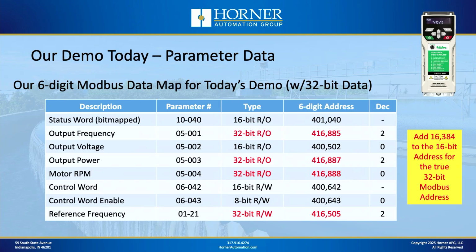Now, those that are highlighted in red are 32-bit parameters. For those, we have the extra step of adding 16,384 to those values, in addition to the earlier calculation, to come up with what you see there in red. So these are effectively the 6-digit Modbus addresses we're going to use for the next part of our demonstration.